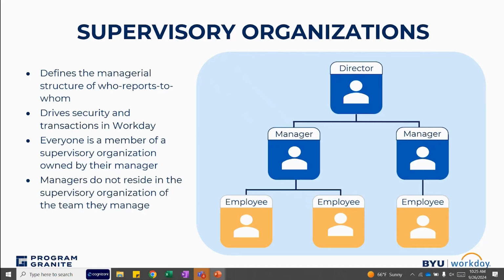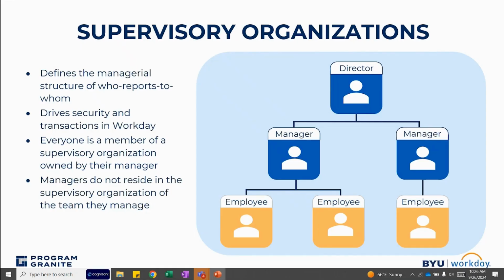So if me and 2 other people, or 4 other, or 50 other, doesn't matter, I'm just going to say 2 for simplicity's sake. If all 3 of us report to one manager, let's say Max Manager, the 3 of us are in our own supervisory organization. Now Max is not in ours. Max is in his own supervisory organization, and so on and so forth.